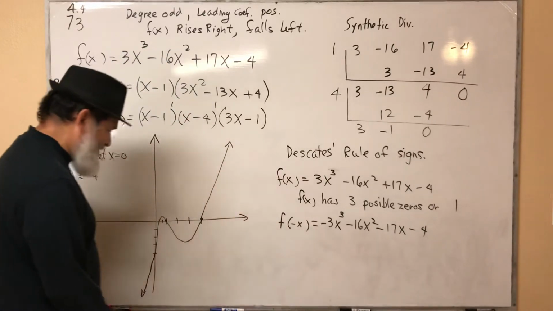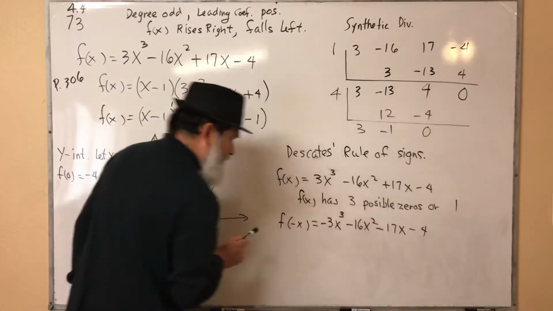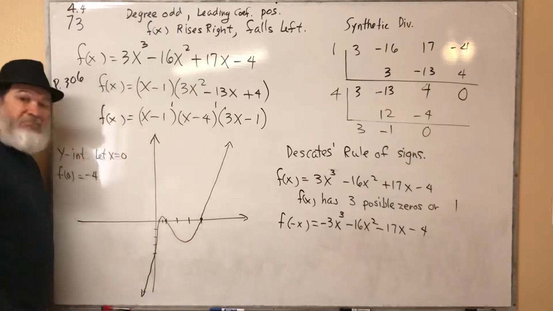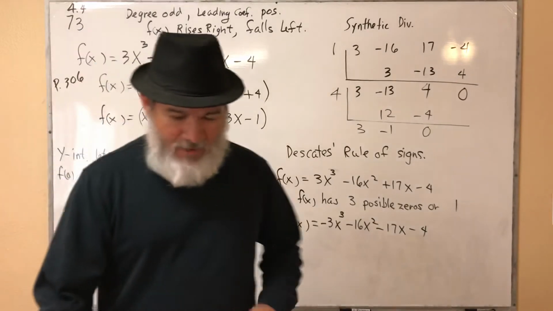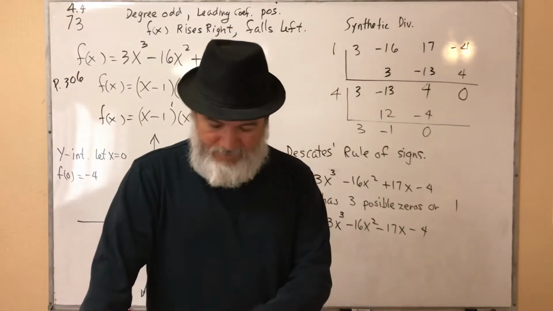And look, we were right. 3 or 1? We found 3. 1, 2, and 3. This is the Cauchy rule. This covers section 4.4.